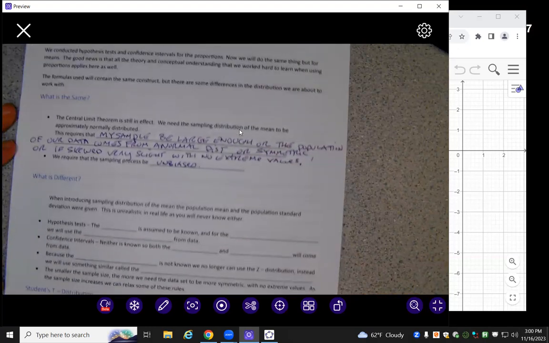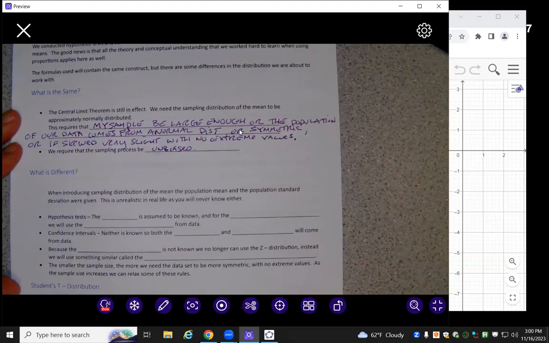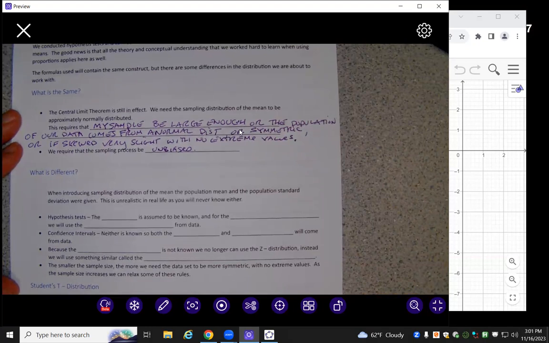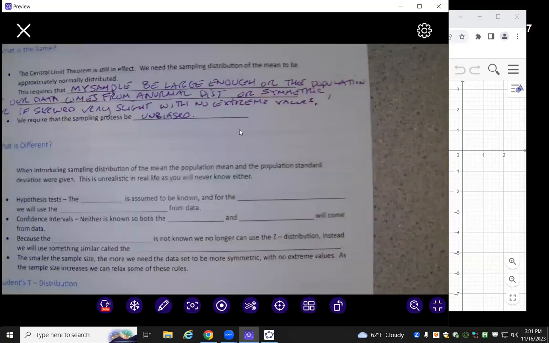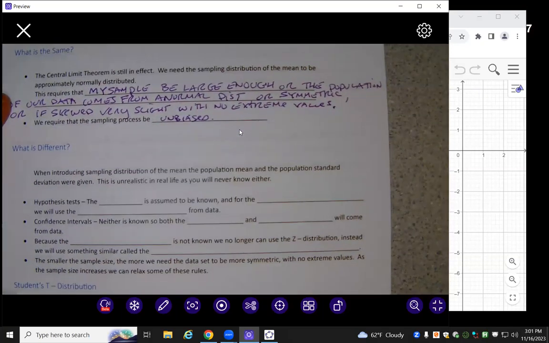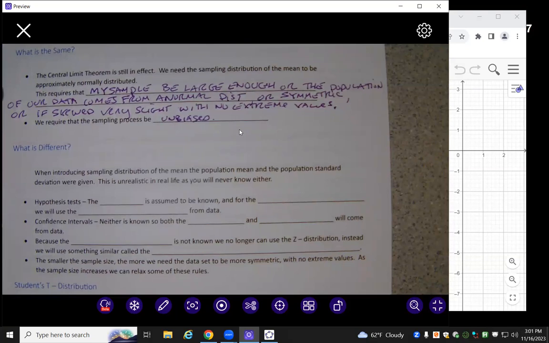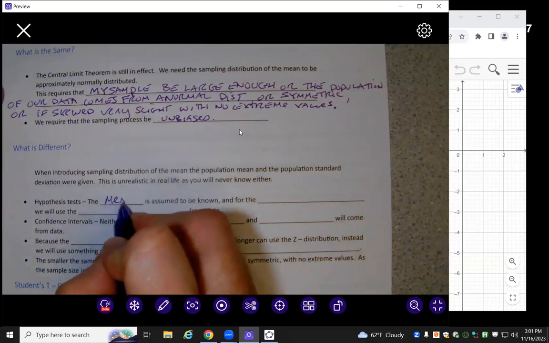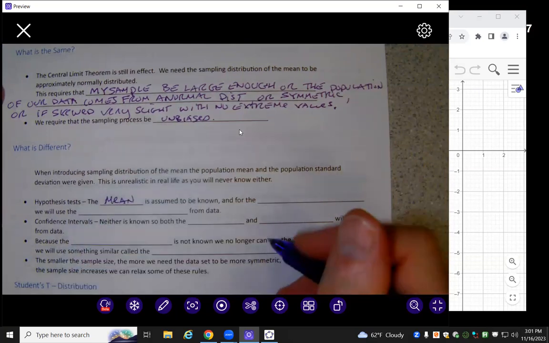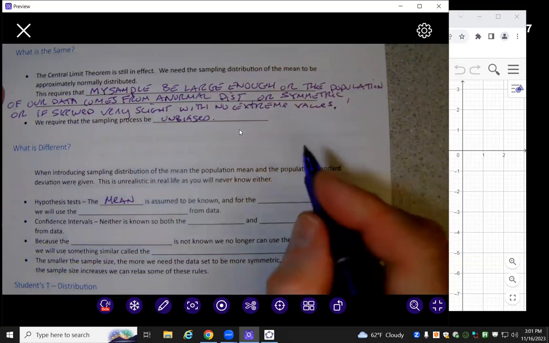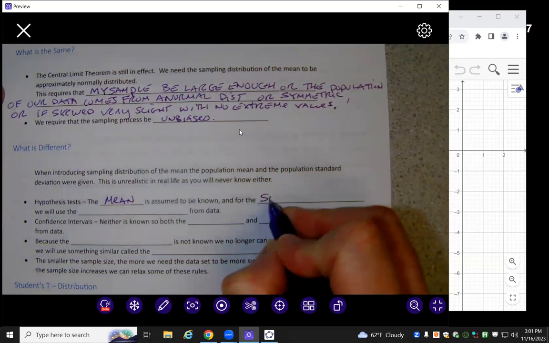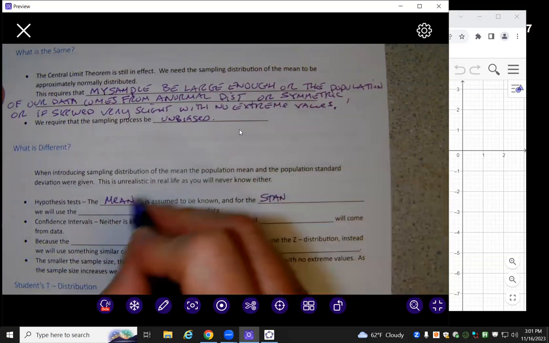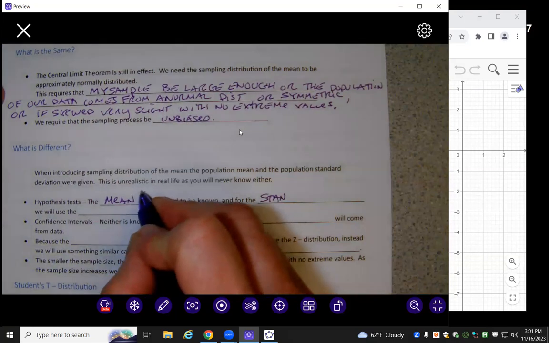So what is different here? Well, when introducing the sampling distribution of the mean, the population mean and the population standard deviation were given. Remember when we were doing this before, those components were part of the given. So for a hypothesis test, the mean is assumed to be known, and what I mean by the mean assumed to be known is the population mean.